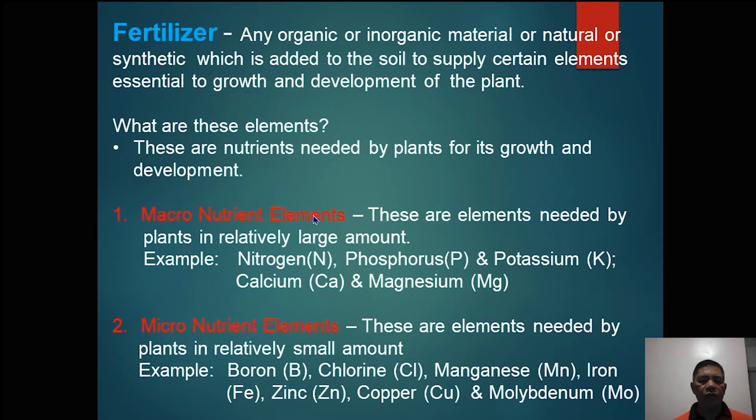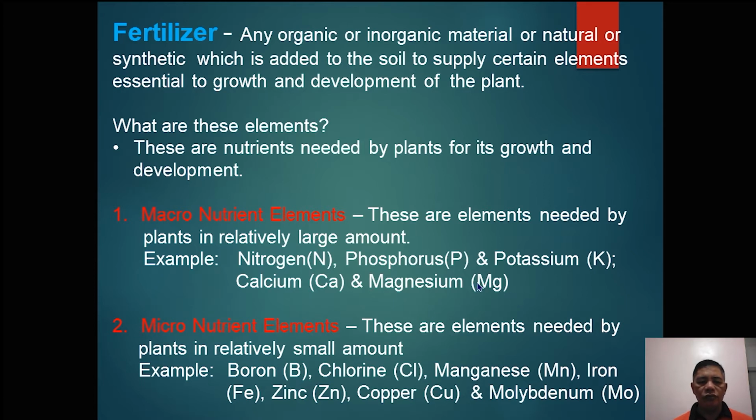Talking about macronutrient elements, these are elements needed by plants in relatively large amount. Examples of which are nitrogen, phosphorus, potassium, calcium, and magnesium.